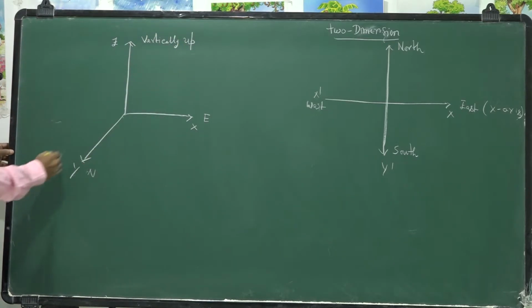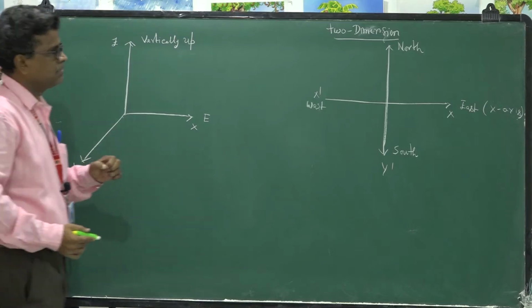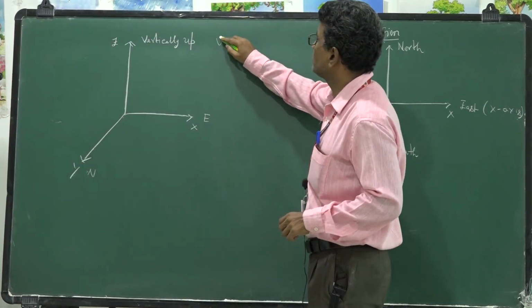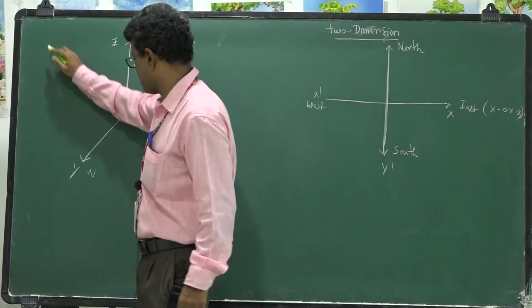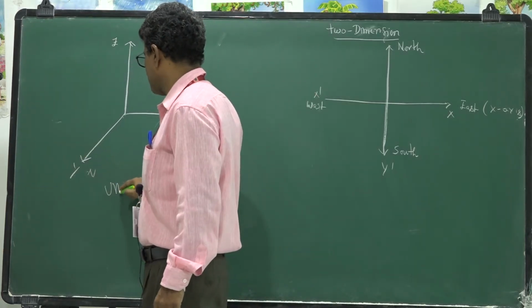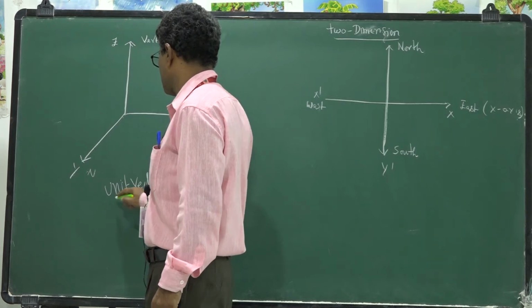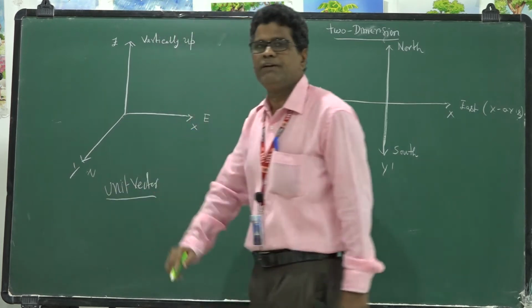So in vector form, suppose you want to represent unit vectors. What did I say about a unit vector? What is a unit vector?